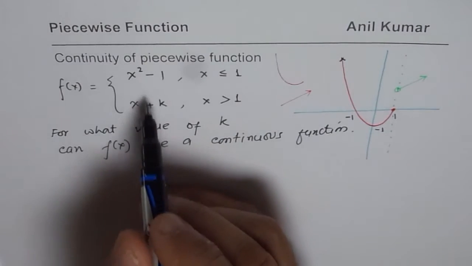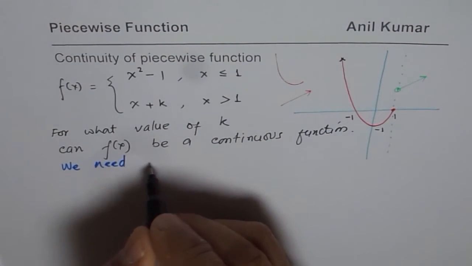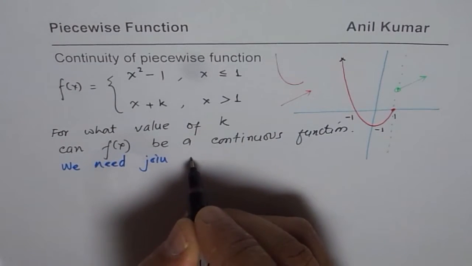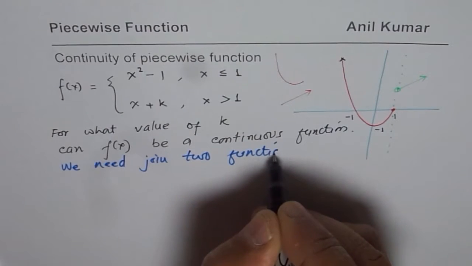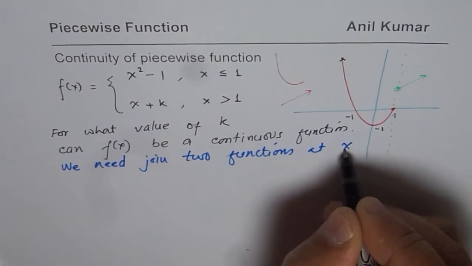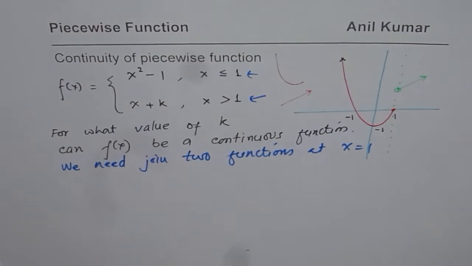So both pieces. So basically the idea is we need to join two functions at x equals 1, right? Then only they can form a continuous function. Is that okay?